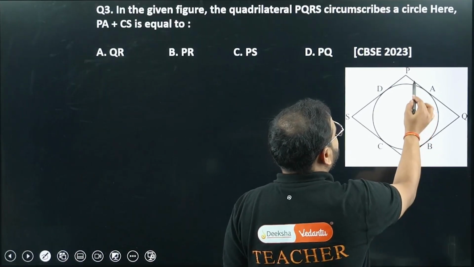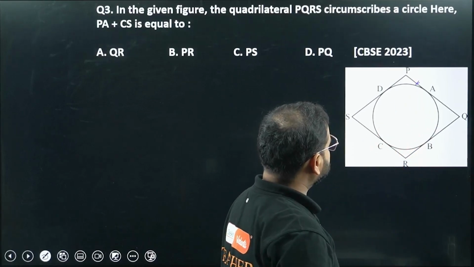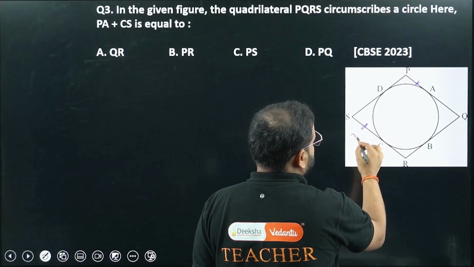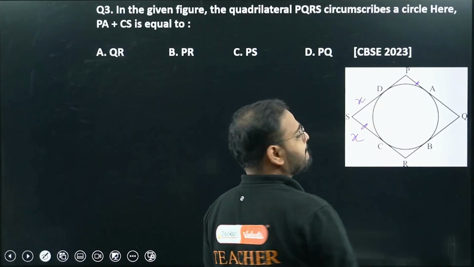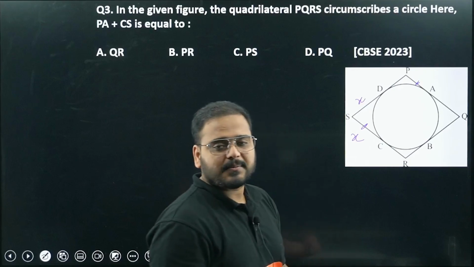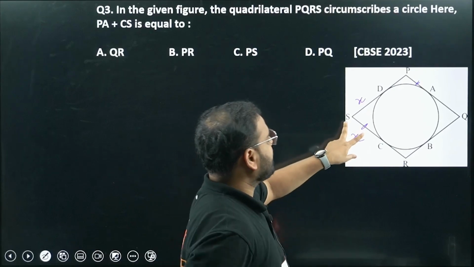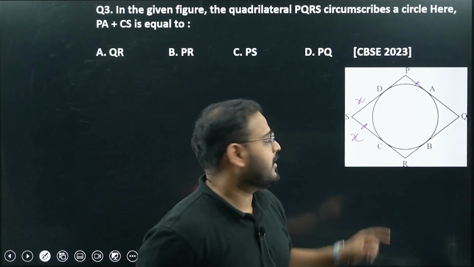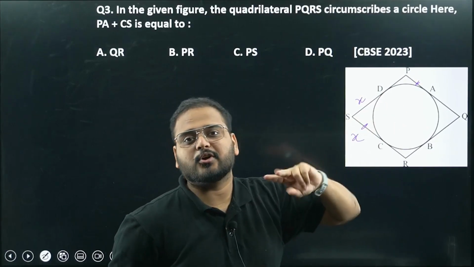So they are saying this side PA plus CS over here. We know if this is, let's say, X, this will also be X. Correct? If this is X, then this is also X. How come, sir? CS and SD are equal. How come? From external point S, the two tangents are drawn to the circle.